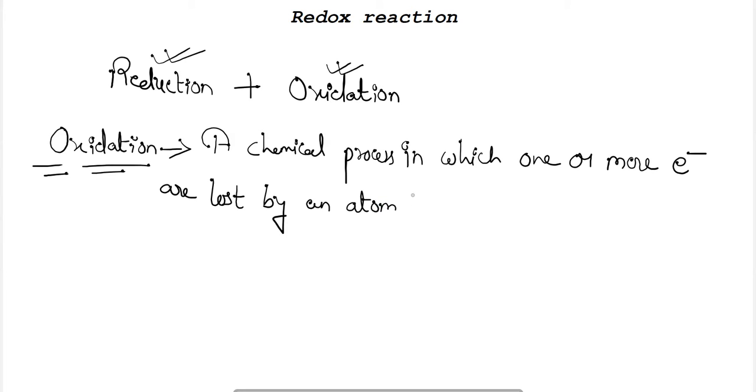A chemical process in which one or more electrons are lost by an atom is called oxidation.